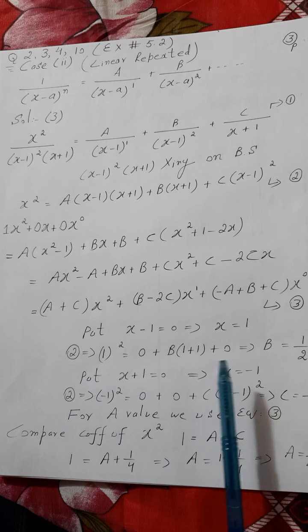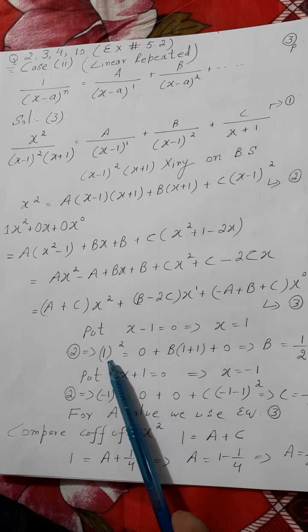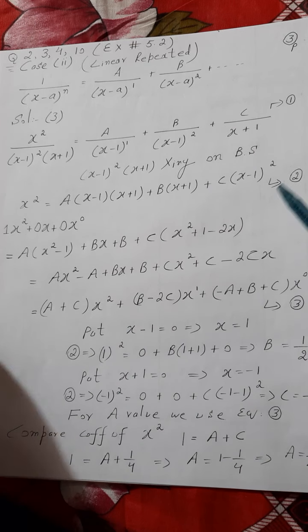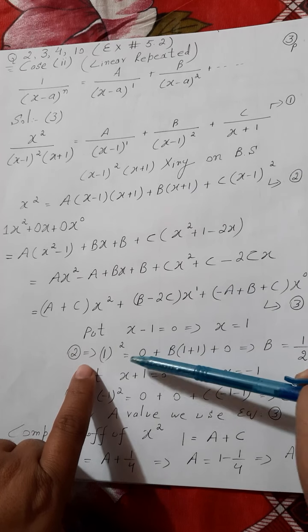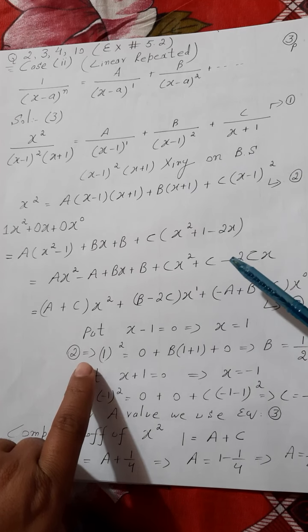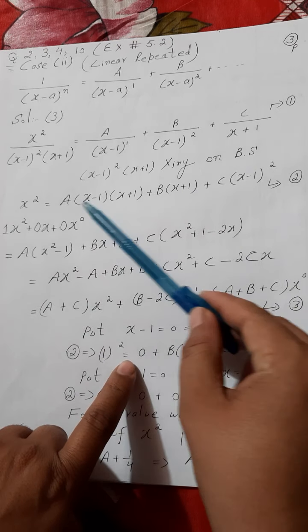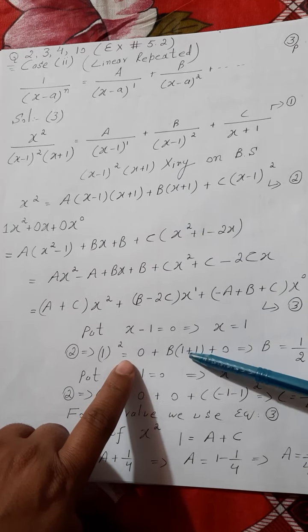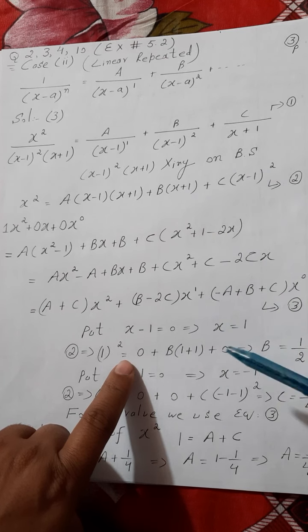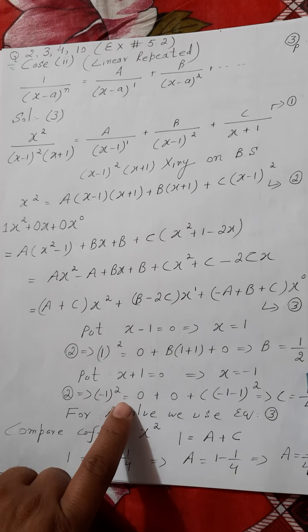So after simplification we have the values, this is equation number 2, and this is also 0, so b after simplification is 1 by 2.